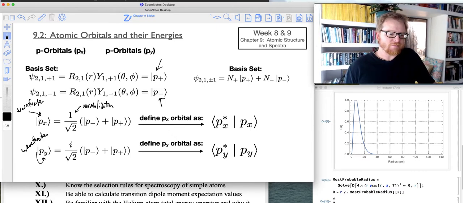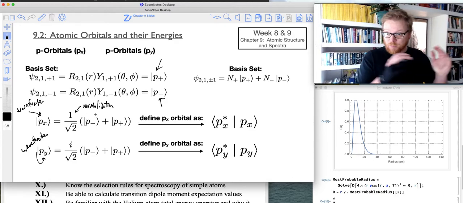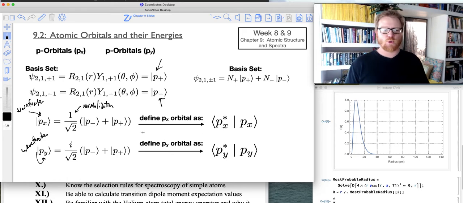And so it's also a linear combination of p minus and p plus. And so now we're finally poised to define the px orbital as px star px, where px is this equation. So you have to square this whole thing so it becomes a quadratic, and then you have to square this whole thing to get py.